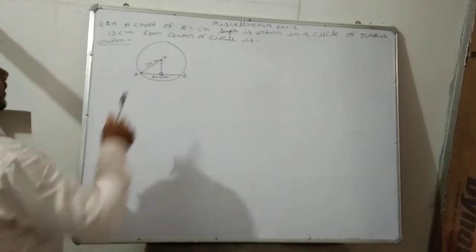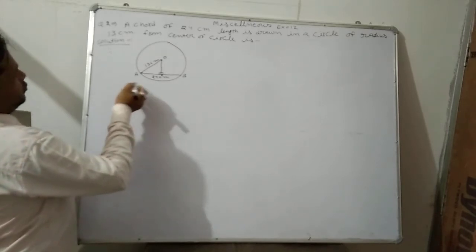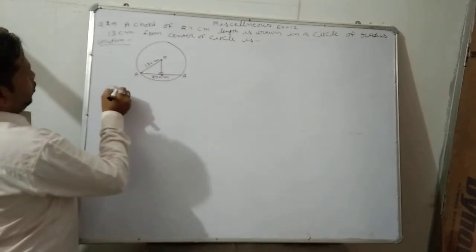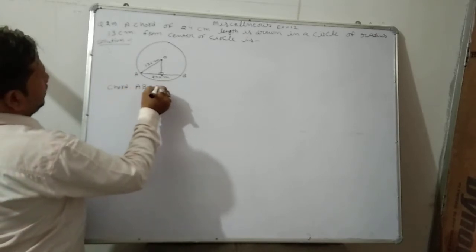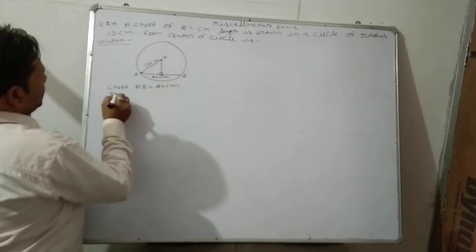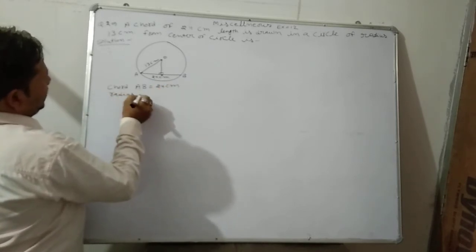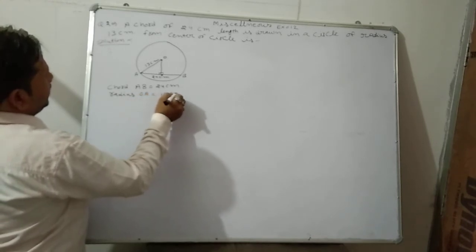This is our target. As in the first question, chord AB is equal to 24 centimeter. Radius OA is equal to 13 centimeter.